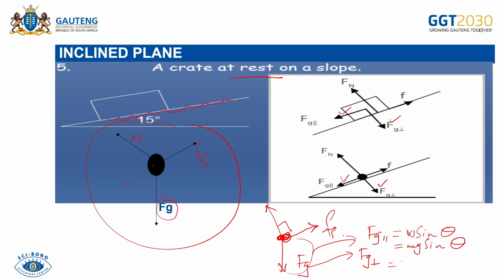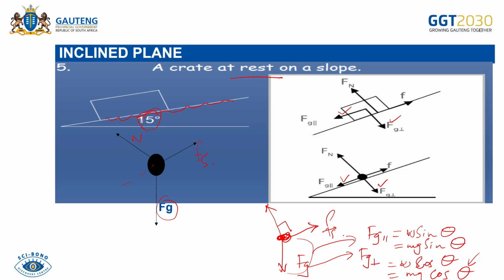Fg perpendicular is given by weight cos theta, which is the same as mg cos theta. What is this theta? It is the angle, that 15 degrees is the angle of inclination.